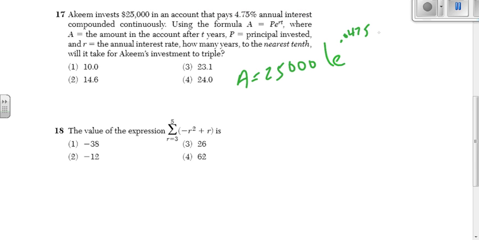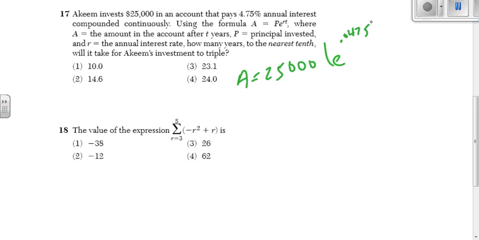And we want to know it's triple, so this is really going to be 75,000. First thing you can do is divide that, so you end up with 3 equals e to the 0.0475t.